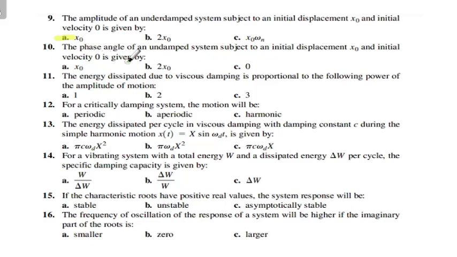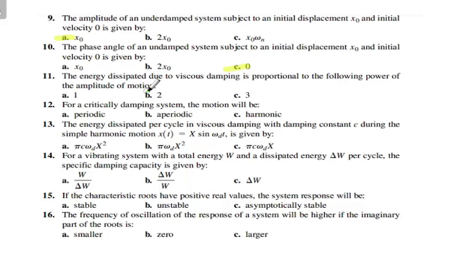The phase angle of an undamped system subject to an initial displacement x0 and initial velocity 0 is given by. So here it is asked the angle between the displacement x0 and initial velocity. If the initial velocity is 0, then the option is C, 0.